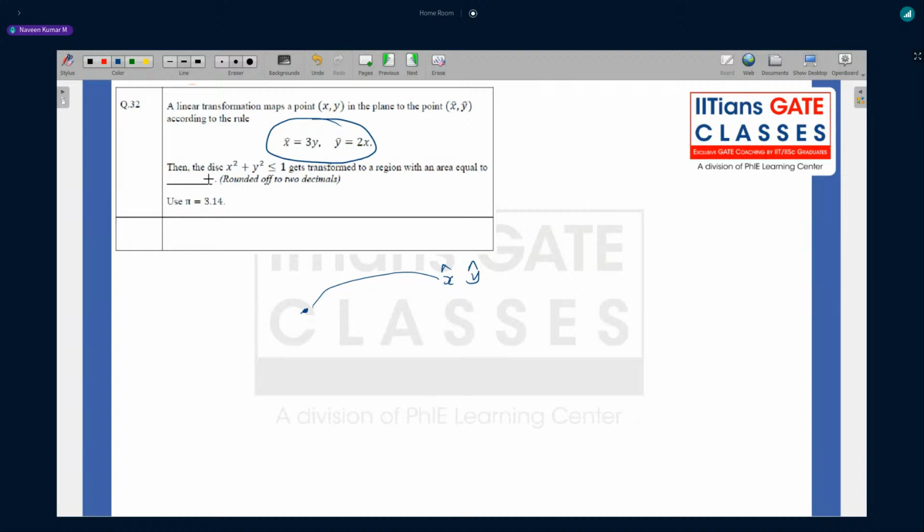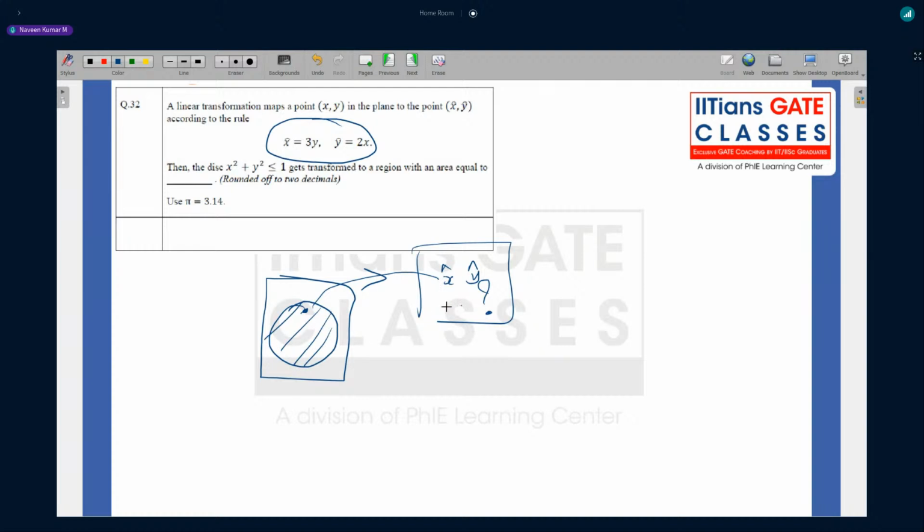Now in the first plane, the disk x square plus y square is less than or equal to 1 gets transformed into a region. So what is that region? We are going to find out.